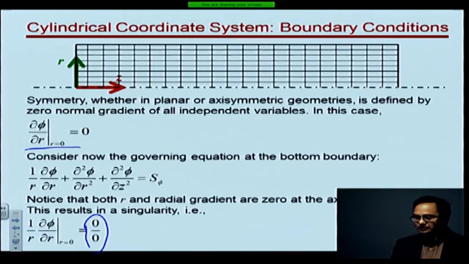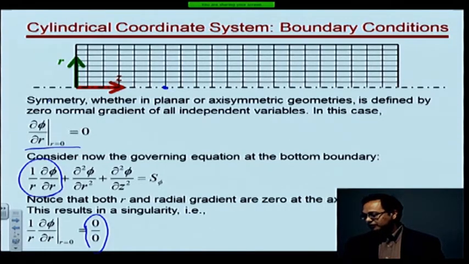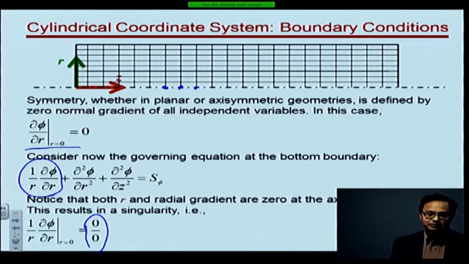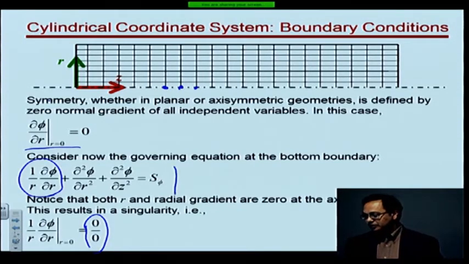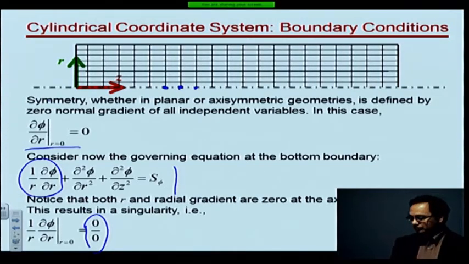So the question is, what do we do with this term? We do have nodes sitting right on top of the axis in the case of the finite difference method. So we cannot satisfy this governing equation at the axis of symmetry without making any modifications, because we get something that's undefined.